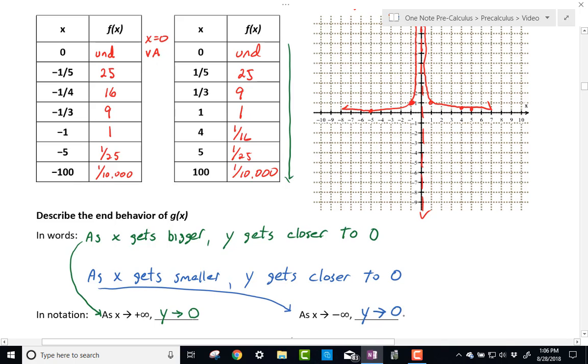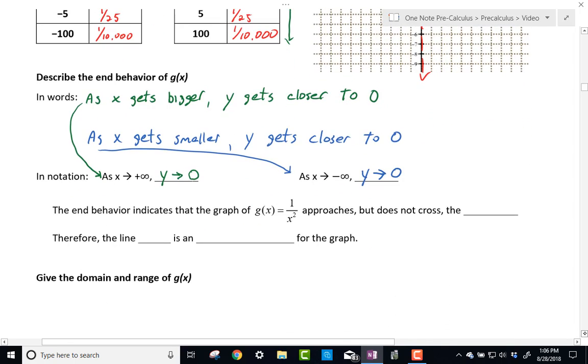Okay? So the end behavior indicates that the graph of g of x equals 1 over x squared approaches again, but does not cross the y-axis. Neither one of these graphs crosses the y-axis. Therefore, again, we would say that the line y equals 0 is an asymptote, A-S-Y-M-P-T-O-T-E. And specifically because it's y equals, it's a horizontal asymptote.